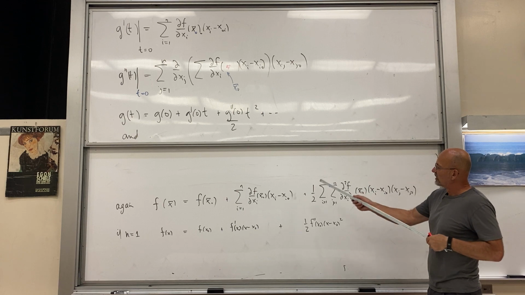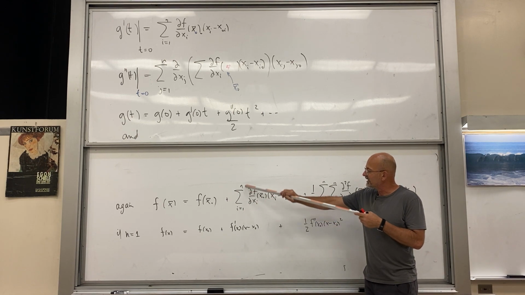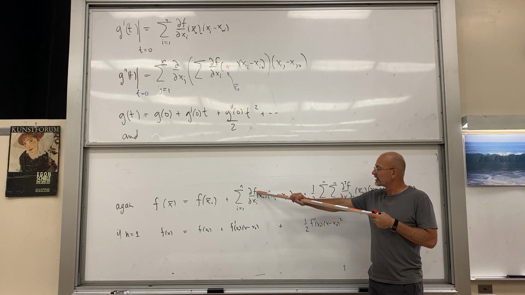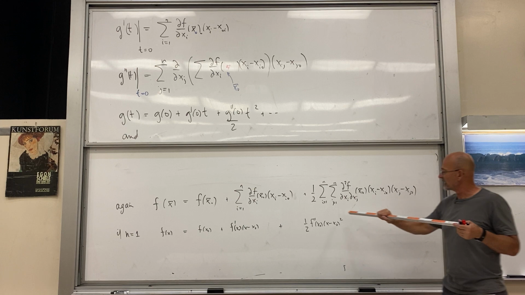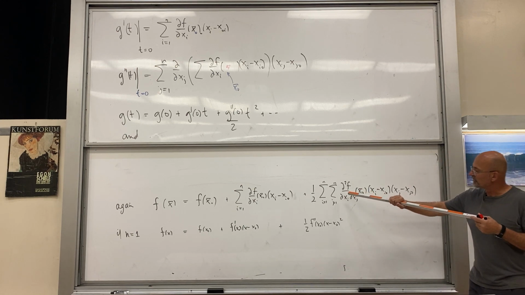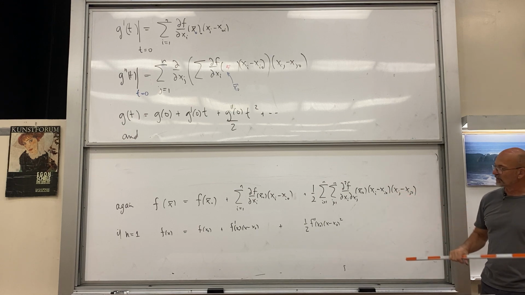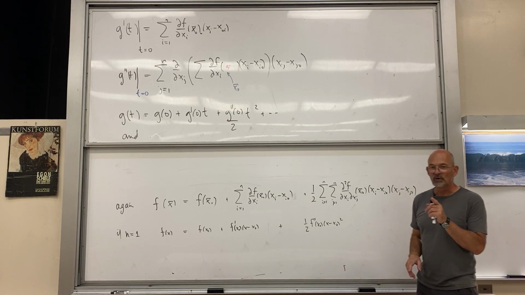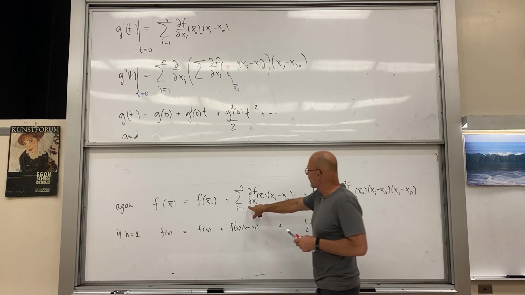Okay? Now, in the n variables, this is just the sum 1 to n of these first derivatives times these linear differences. And here's a double sum of second derivatives, and these are then the quadratic terms. So you can get used to this. What other important points do we have? Here's another way to look at this.